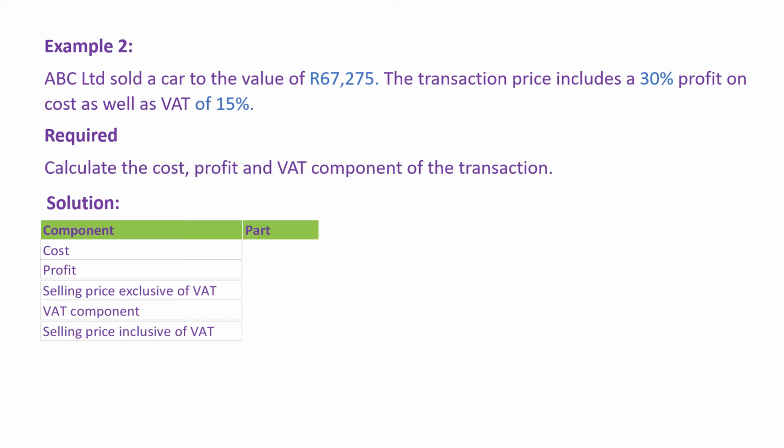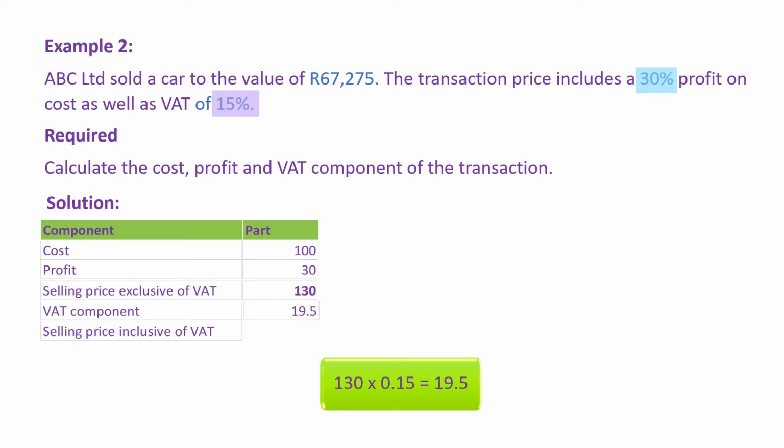So, assuming that you assign 100 parts to your cost, for your profit, it's given that profit would be 30 parts. Your selling price exclusive of VAT would be 100 plus 30 to give you 130 parts. Your VAT component would then be 130 multiplied by your VAT percentage of 15% to give you 19.5 parts.